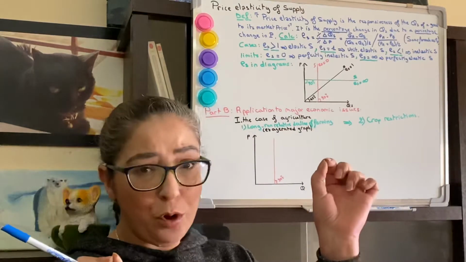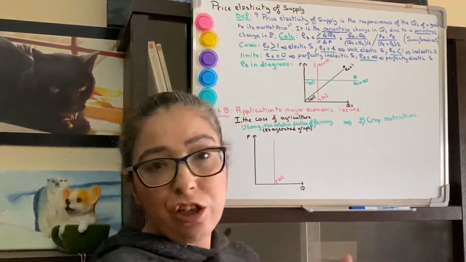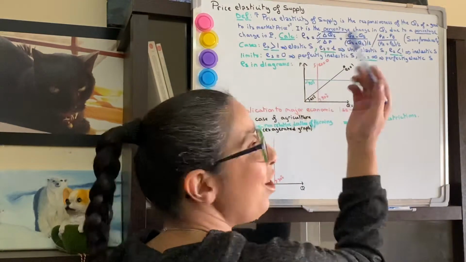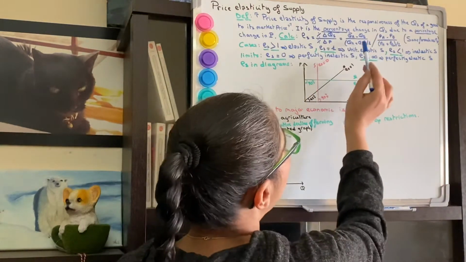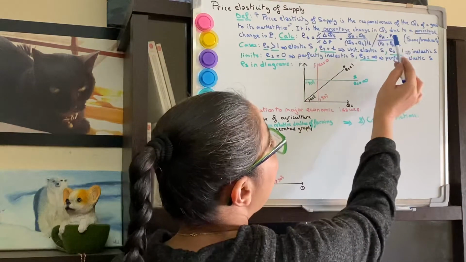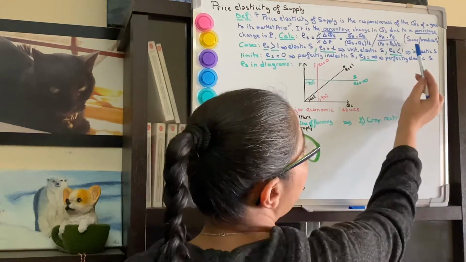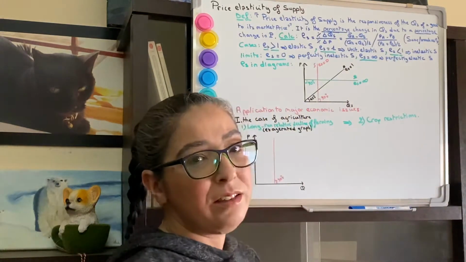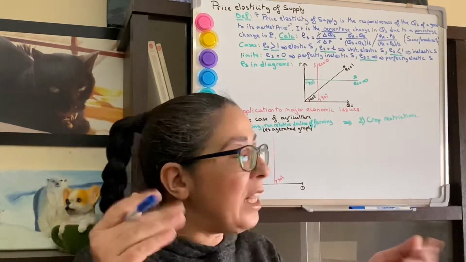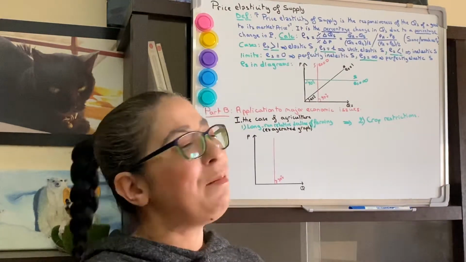Mathematically, if you take 2 points, you can start with whichever point you prefer. I started with A, you could start with B. So QA minus QB over, remember the midpoint, QA plus QB over 2, everything over PA minus PB over PA plus PB over 2. It's the same formula as the one for the demand, except that in the demand, as it's negative, we add the absolute value.